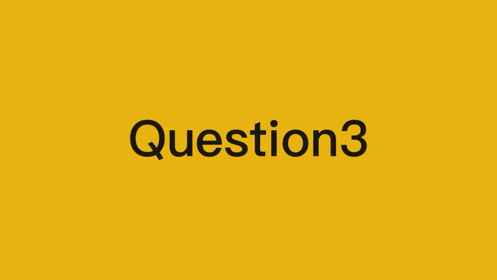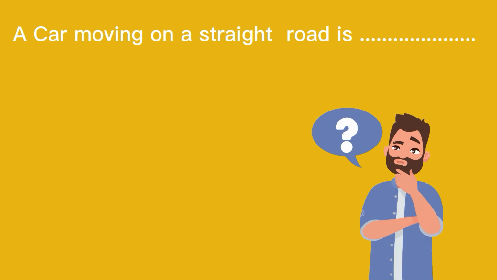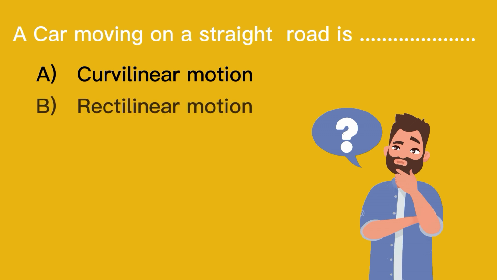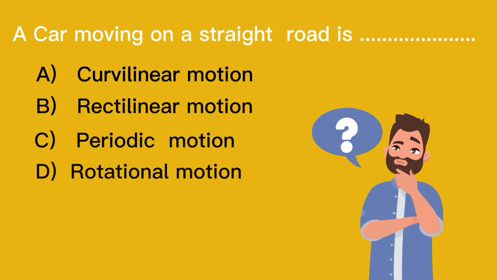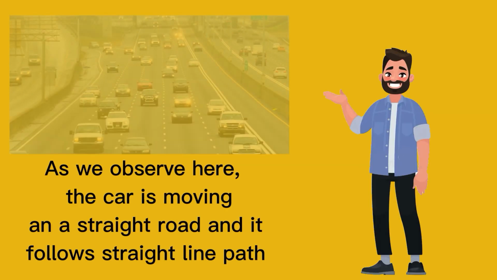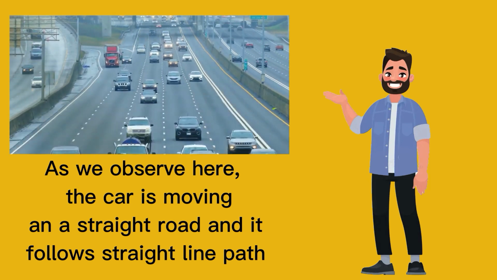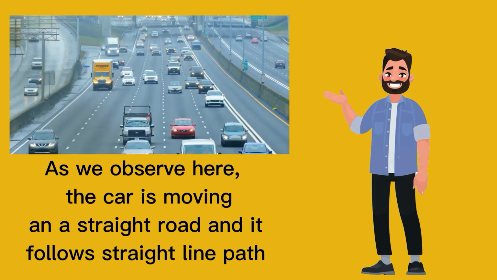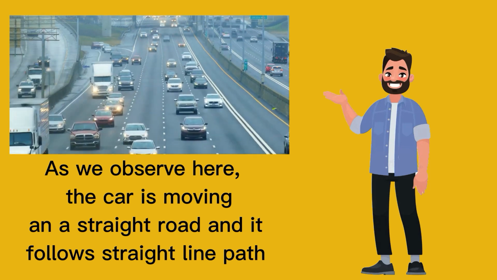And the third question tells us, a car moving on a straight road is blank. A. Curvilinear motion. B. Rectilinear motion. C. Periodic motion. And D. Rotational motion. Students, as we observe from the given picture, the car is moving on a straight road and it follows a straight line path.